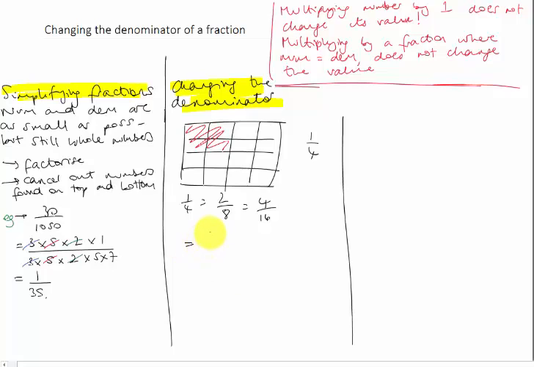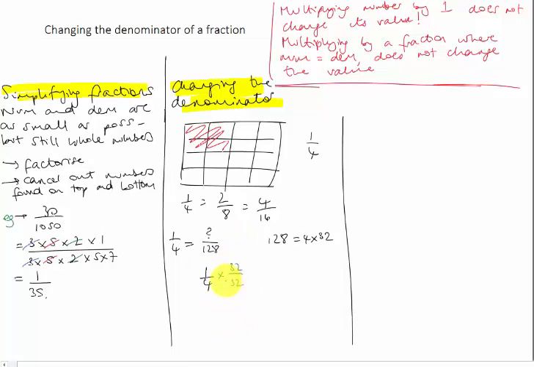And now let's imagine we want a fraction out of 128. What do you do? I know that 128 is equal to 4 times 32. So 1/4 is how many out of 128? 128 is 4 times 32. So we do 1/4 times 32 over 32.